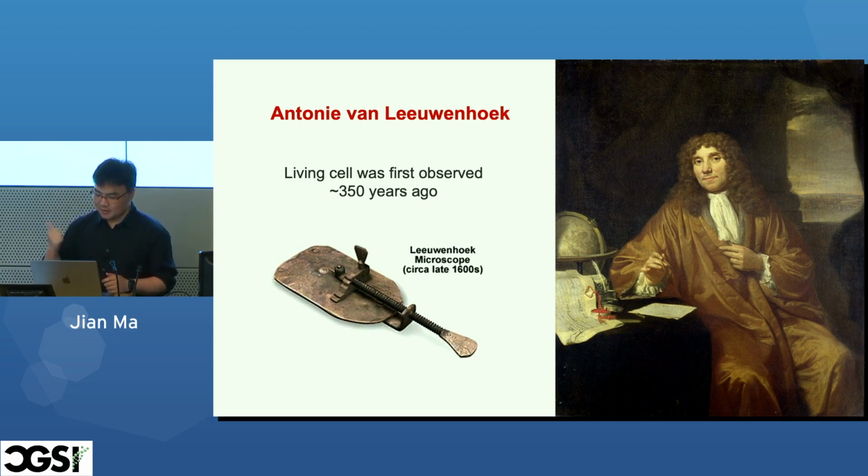So this story tells us a few things, right? First of all, Leeuwenhoek was very interdisciplinary. He was a cloth merchant, but later on, he developed this interest in observing living cells. Second, the role of the tool. You need a tool to look at things. Third, anyone?